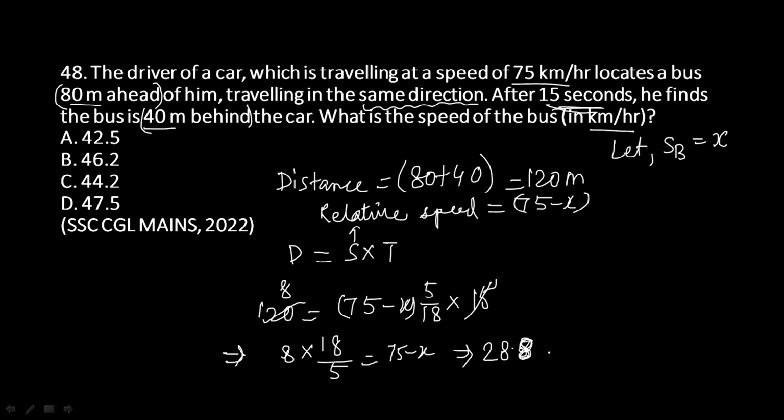So 28.8 is equal to 75 minus x. So it will be 75 minus 28.8 is equal to x. So it will be 46.2. X is 46.2, so 46.2 will be the answer. Option B is the correct answer.